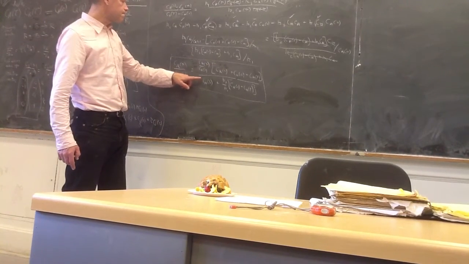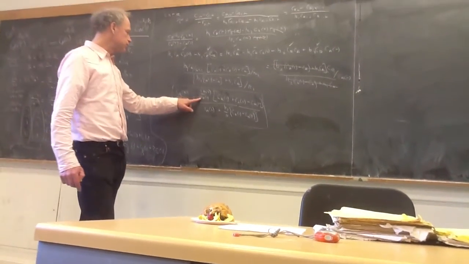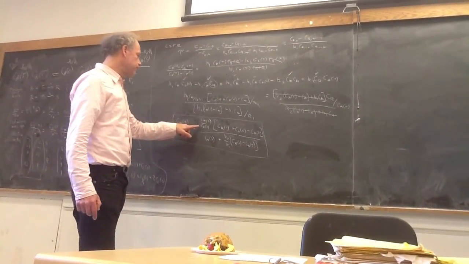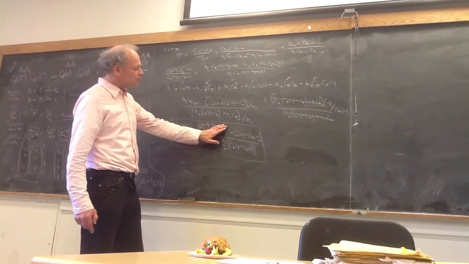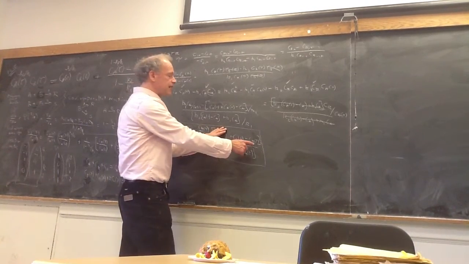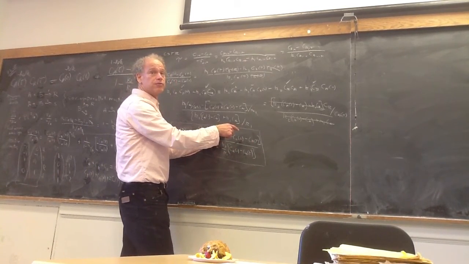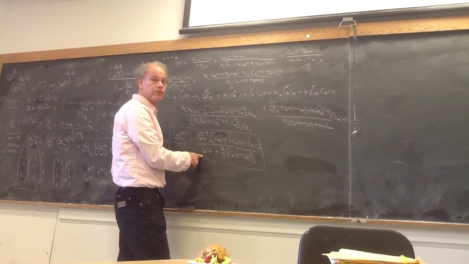So, let's see. I'm sorry, it doesn't even matter. When CR of 0 is 0, then when tau is 0, the numerator is 0. The denominator is not 0 because this is 0, but this is not 0.